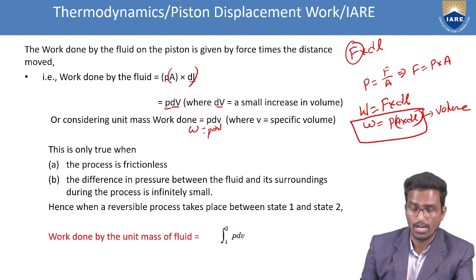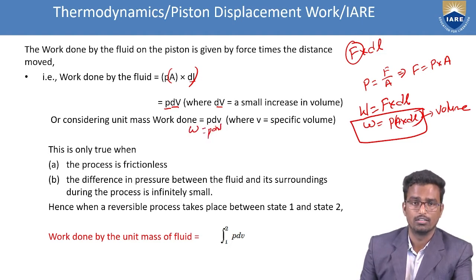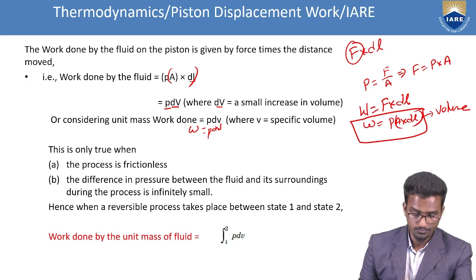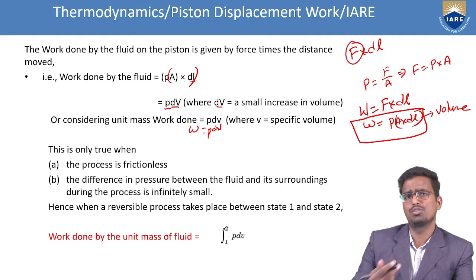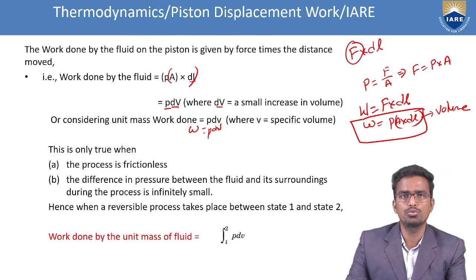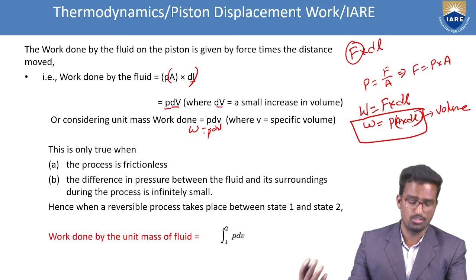This is the standard form of work done in a piston displacement, also called piston displacement work. But it has some limitations, and it is only true when the process is frictionless.